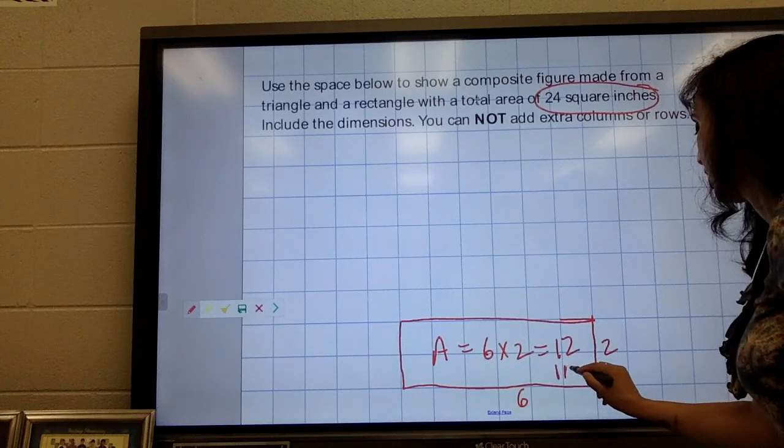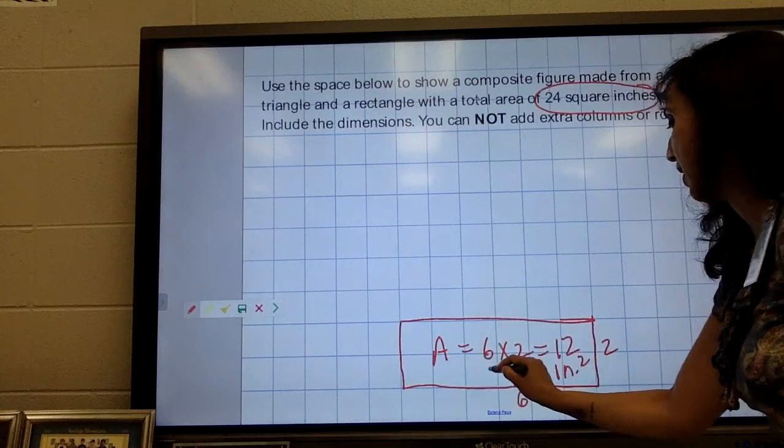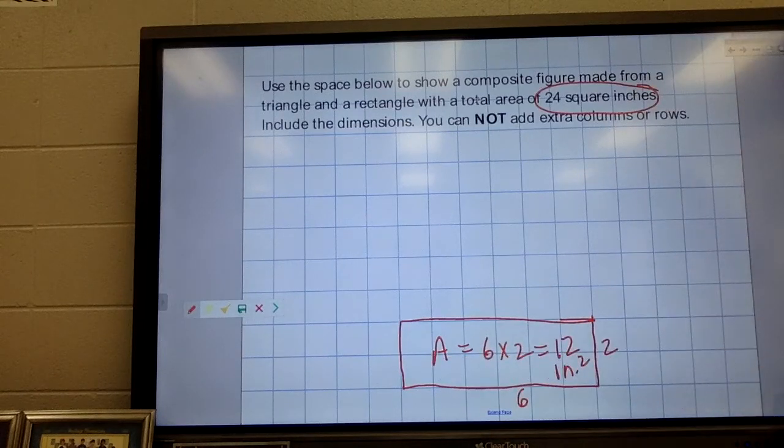Okay, so this is 12 inches squared: 1, 2, 3, 4, 5, 6, 7, 8, 9, 10, 11, 12. So I've got the rectangle. So if I've got 12 used up, I have 12 left. So this is 12. I need another 12 on the triangle to give me a total of 24.